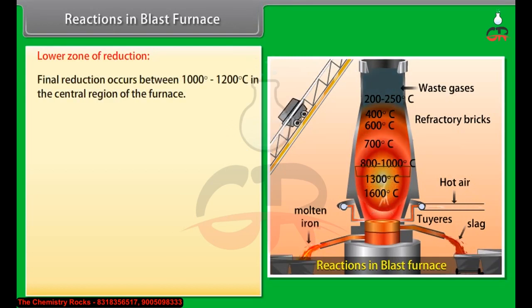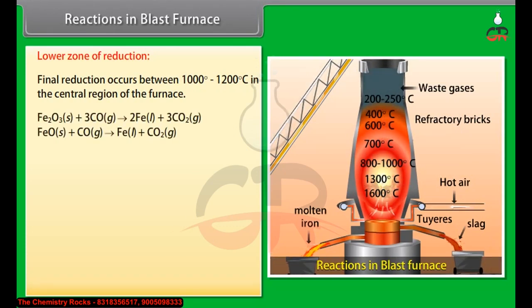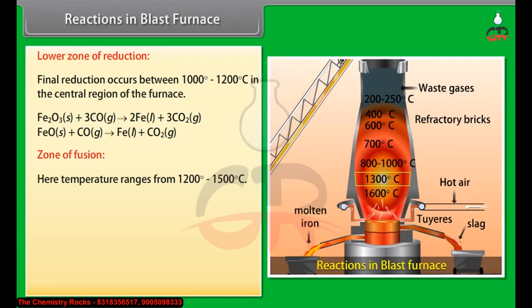Final reduction occurs between 1000 degrees to 1200 degrees Celsius in the central region of the furnace. Carbon obtained by dissociation of carbon monoxide combines with iron and impurities also get dissolved in molten iron. Zone of fusion. Here, temperature ranges from 1200 degrees to 1500 degrees Celsius.